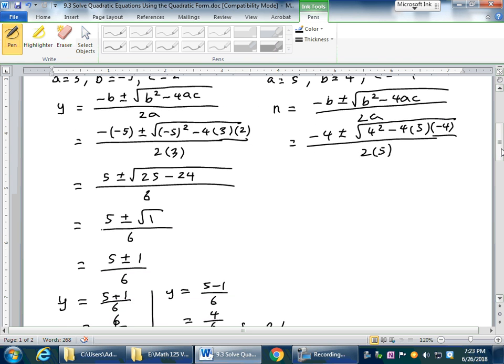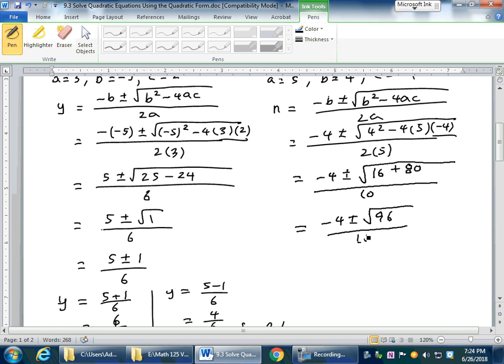This gives us negative 4 plus or minus the square root of 16 plus 20 times 4, which is 80, all over 10, which is negative 4 plus or minus the square root of 96 over 10.